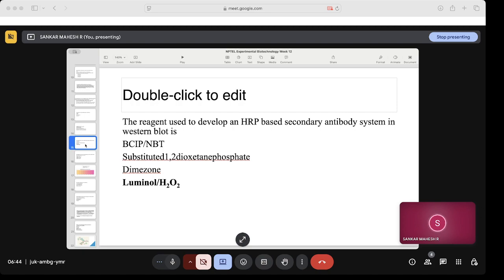Because it is linked to an enzyme, when you give it a substrate, it gives luminescence. From the name peroxidase, with luminol and peroxide, it will give you luminescence, and that can be quantified, which is what is done in Western blot.